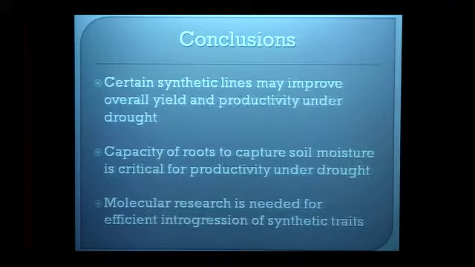But what we want to do is identify if certain molecular research needs to be done for identifying regions within that synthetic cultivar for this improvement that we saw. We'll be able to utilize that to identify these molecular regions for efficient integration into future cultivar research.